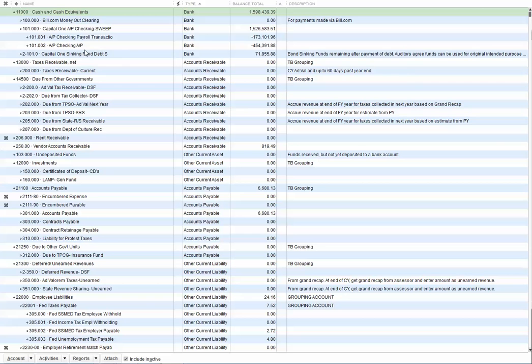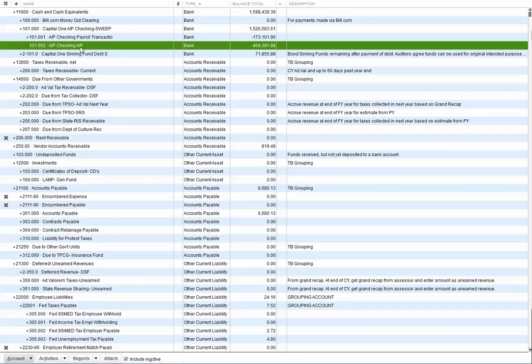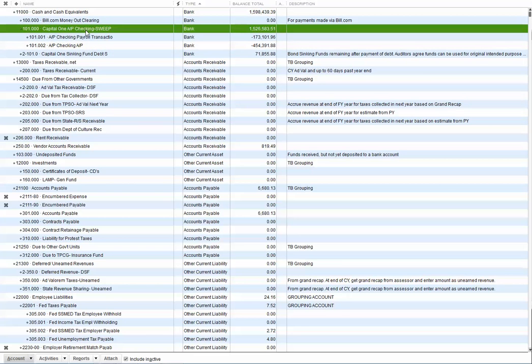So as checks are issued for payroll transactions, they're recorded to this account, and when they pay their bills for accounts payable, it's recorded to this account. All deposits are recorded into their sweep account, and at the end of the month they only have one account to reconcile, which is this sweep account. If they ever want to know how much money they have in total, it's only the sweep account that they're concerned with.